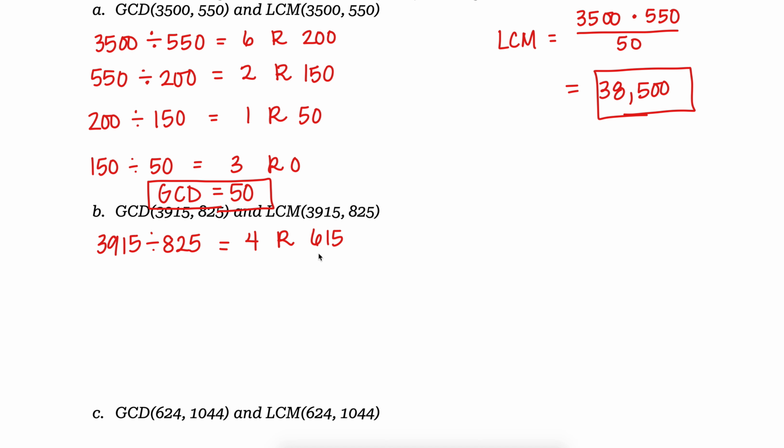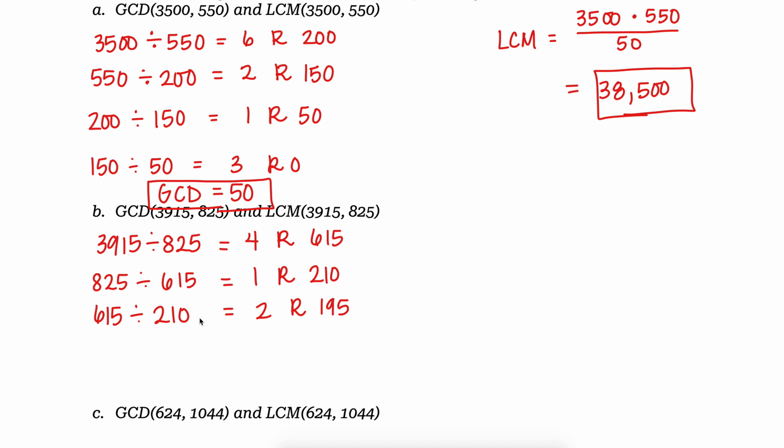I do not have a remainder of 0, so I'm going to take the divisor, divide it by the remainder, and that gives me a 1 with a remainder of 210. So we repeat the process, this time taking 615, divide it by the remainder. So that gives me 2 with a remainder of 195. So you can see each time a remainder is getting smaller. We're not where we need to be yet, though.